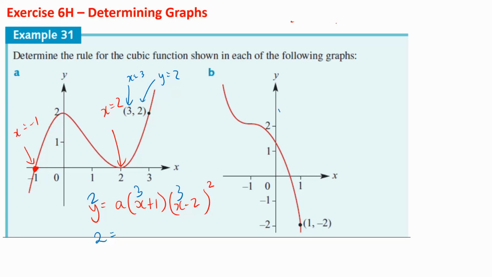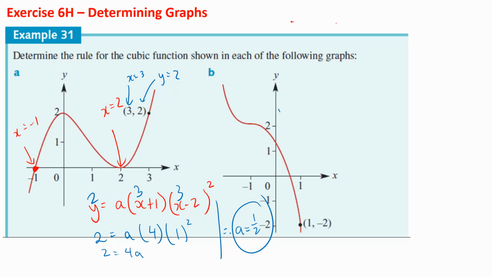This is 2 equals a multiplied by 3 plus 1, which is 4, times 3 minus 2, which is 1, squared. And now you get 4a equals 2. Therefore, a has to equal what? Half. So my equation has to be half times x plus 1 times x minus 2 squared.